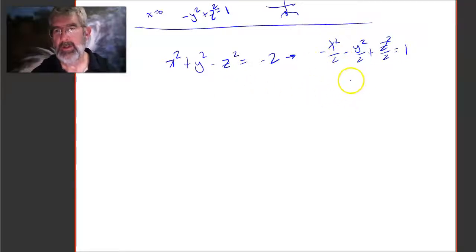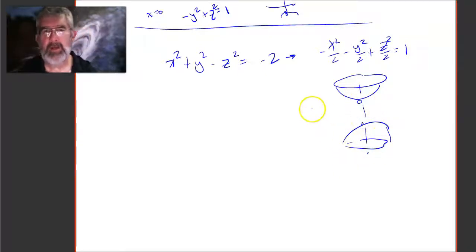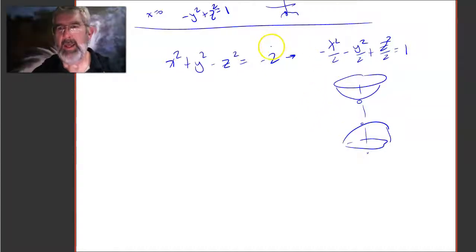It will be something that looks like that. Right down the middle will be the z-axis. And a couple of things here. The distance up and down from the xy plane is the square root of 2.